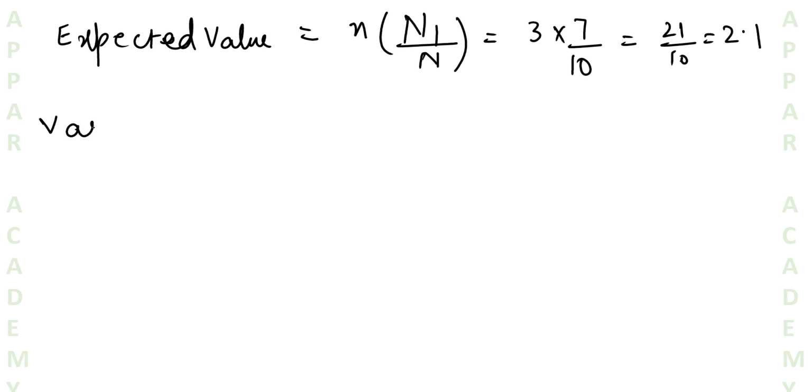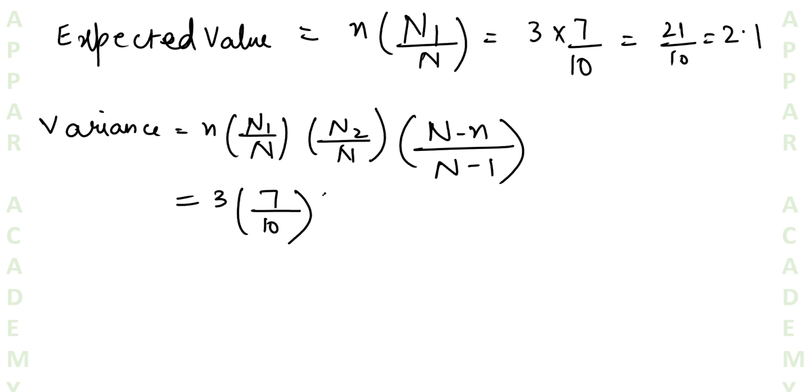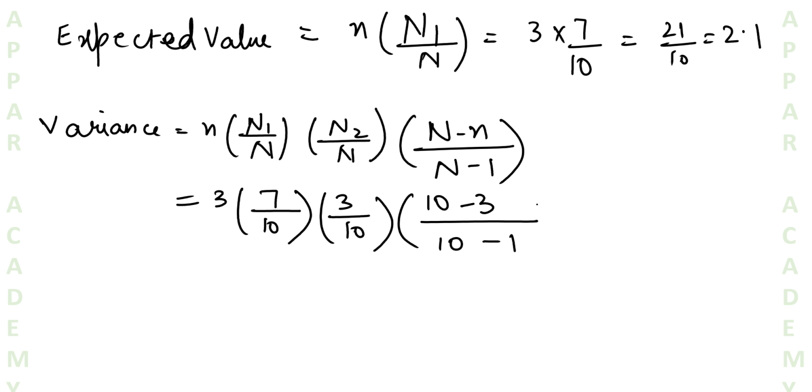Now we need to find the variance. Variance is simply equal to small n into N1 upon N into N2 upon N into (capital N minus n) upon (capital N minus 1). Putting in the values, small n is 3, N1 upon N is 7 upon 10, N2 upon N is 3 upon 10, capital N minus small n means 10 minus 3, upon 10 minus 1.